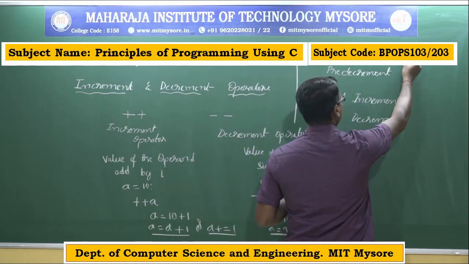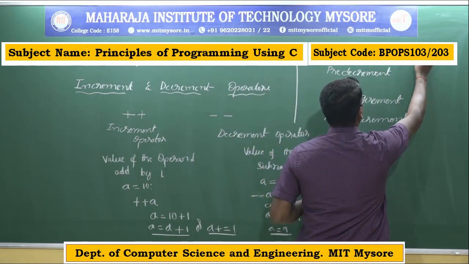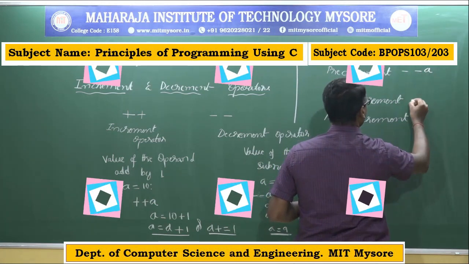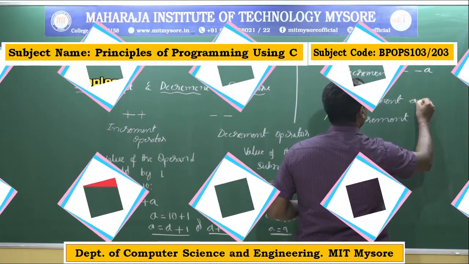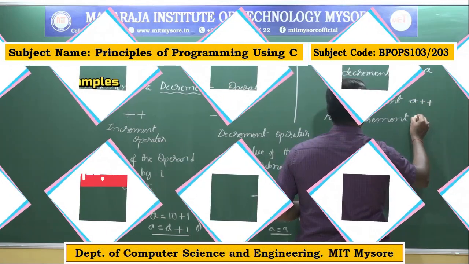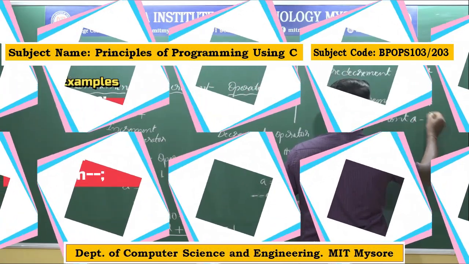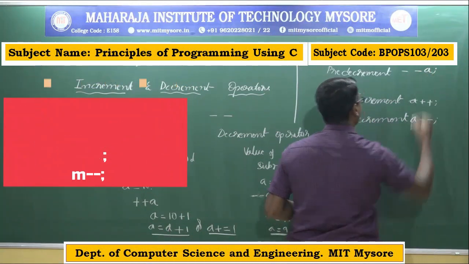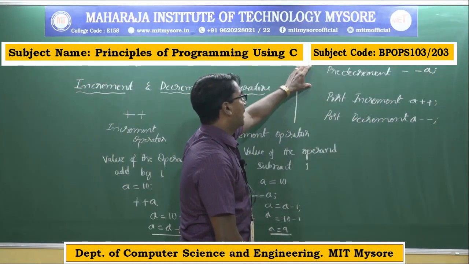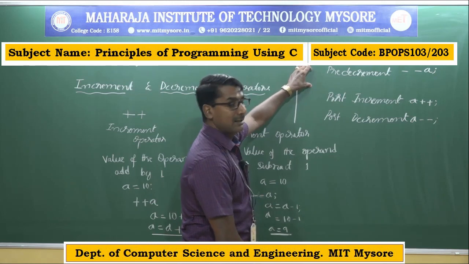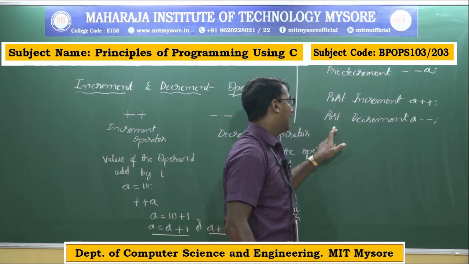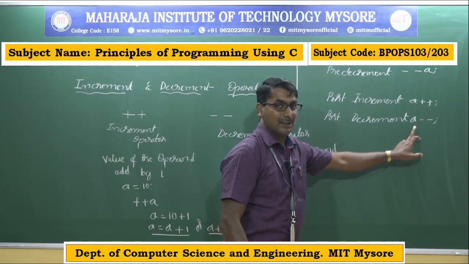The pre-increment examples are plus plus A and minus minus A. Post-increment and post-decrement are A plus plus and A minus minus.